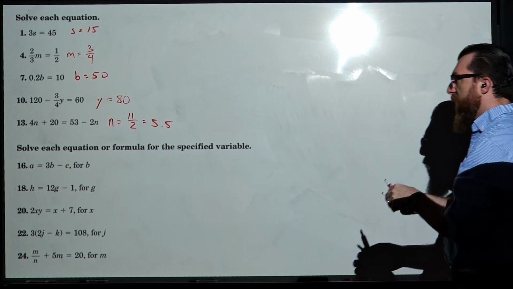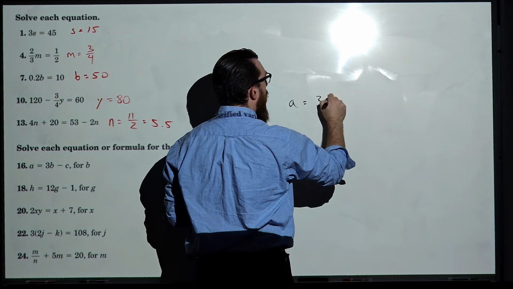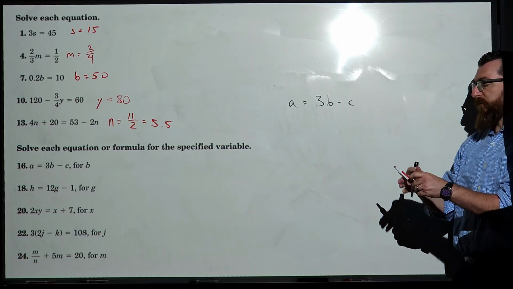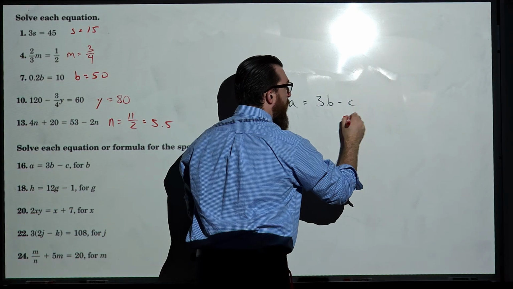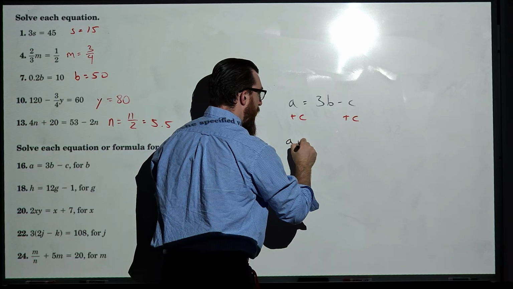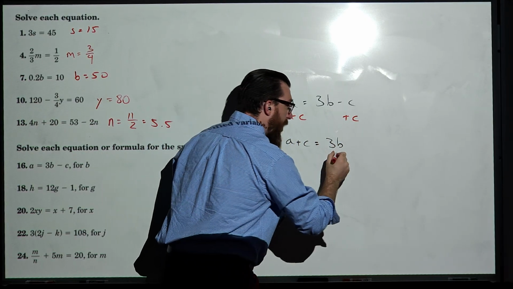Okay, so in the first one, A is 3b minus c, and we are solving this for b. To isolate this, first thing we're going to need to do is move that c over here. So we've got a plus c equals 3b, and now we can just divide both sides by 3.